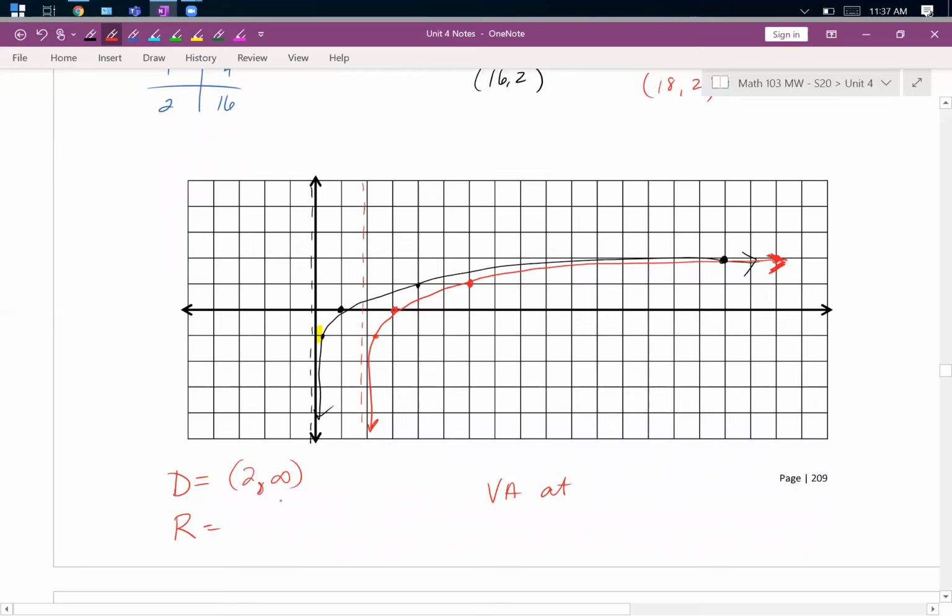Negative infinity to positive infinity. Correct. The range for a logarithmic function will never change. It'll always be all real numbers. Lastly, we want the equation of our vertical asymptote. What's that going to be? X is equal to 2. There we go. Questions at all?